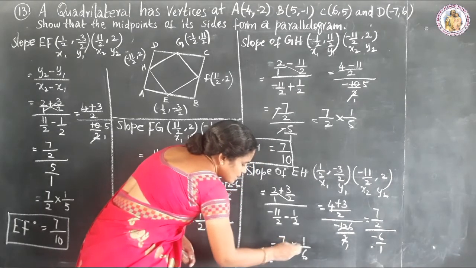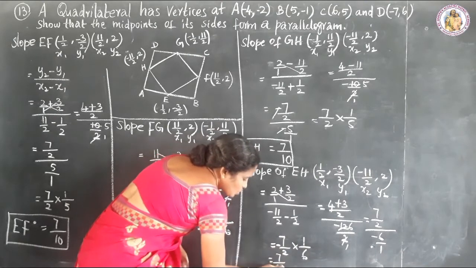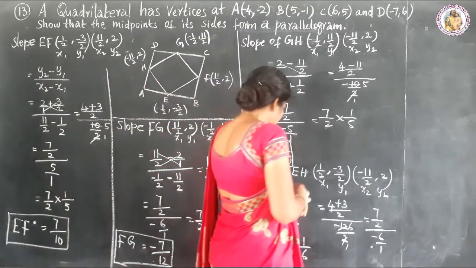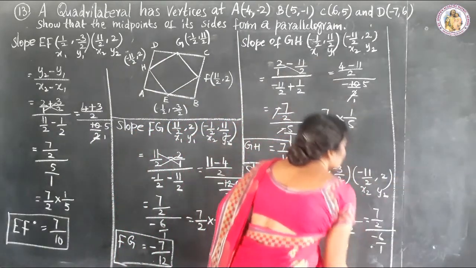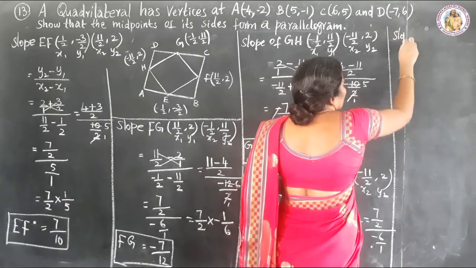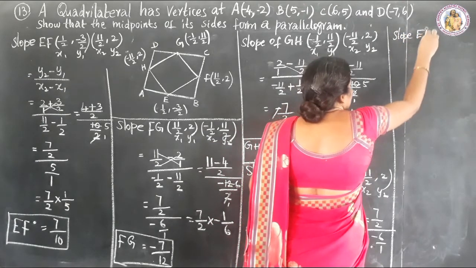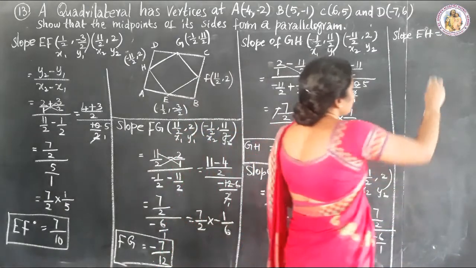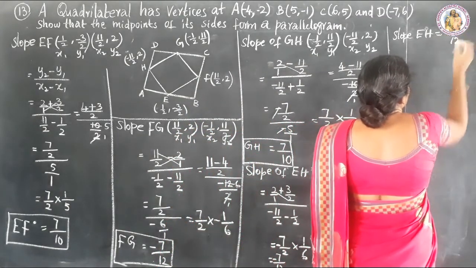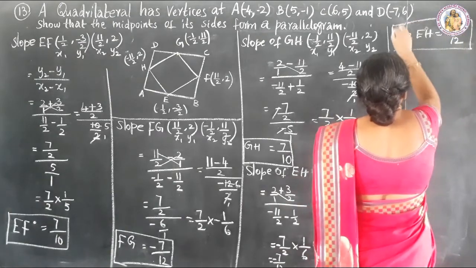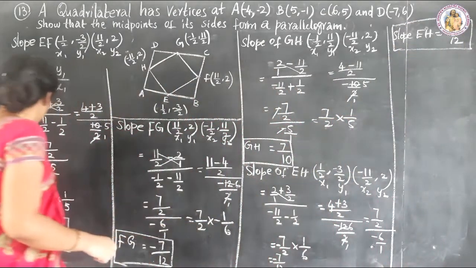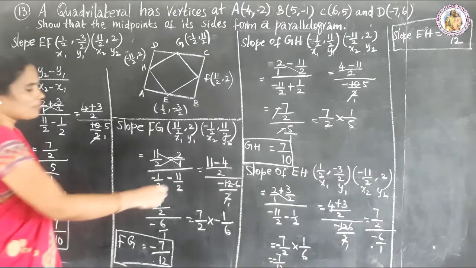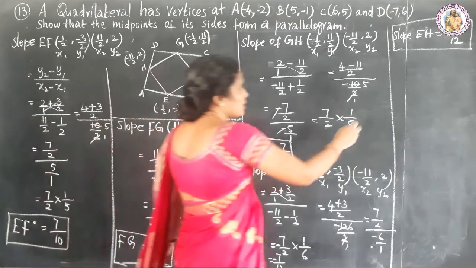Okay, so 7 ones are 7 and 6 twos are 12, so minus 7 by 12. So slope of EH is equal to minus 7 by 12. Now here slope of EF is equal to 7 by 10 and slope of GH is equal to 7 by 10.